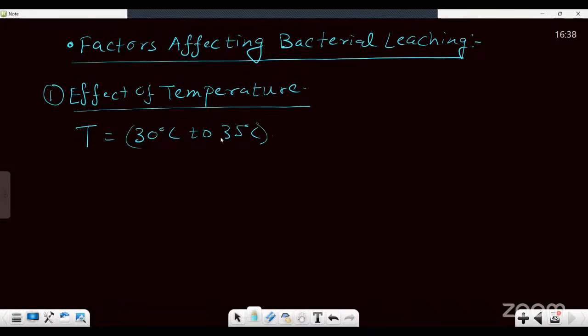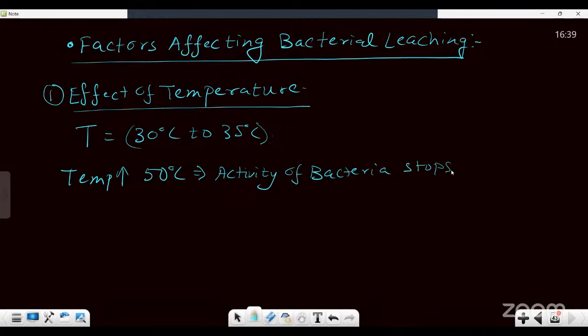When the temperature is above 50 degrees Celsius, the activity of the bacteria stops. So at very high temperature, the bacteria will not be active.